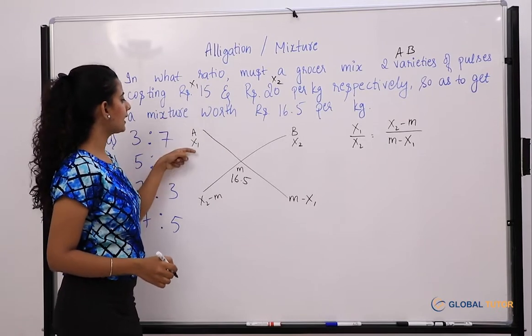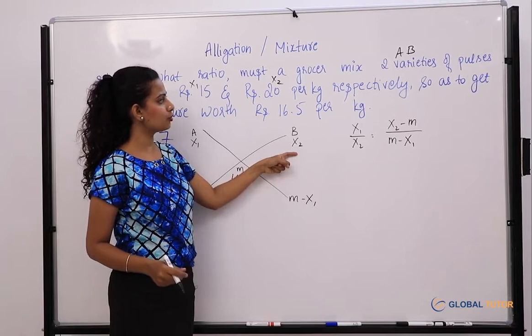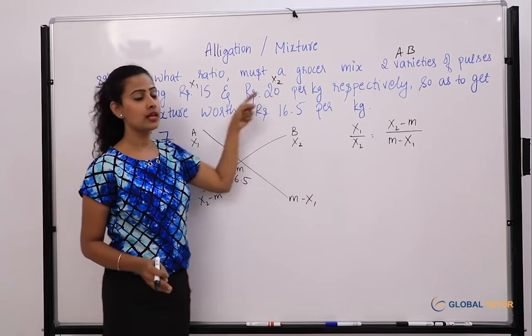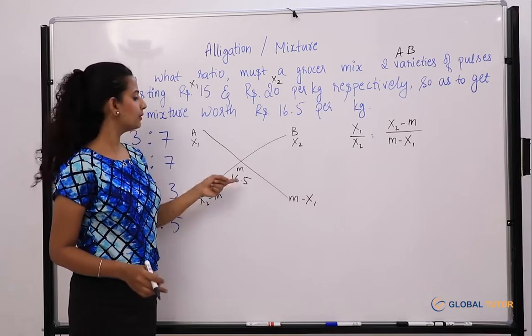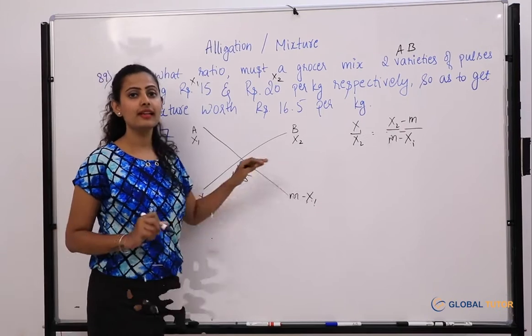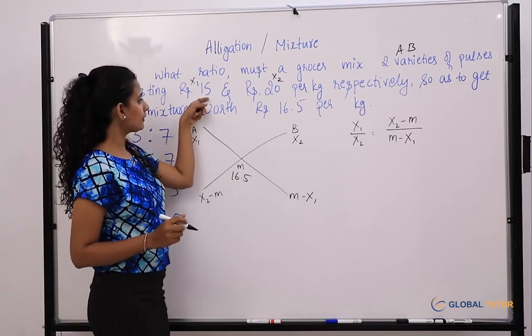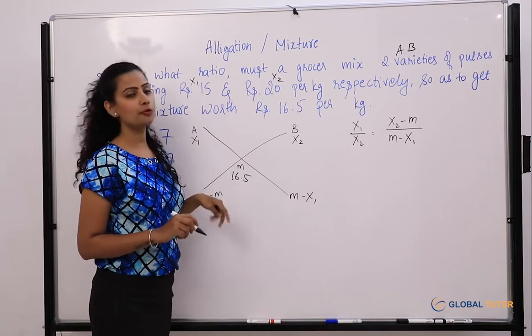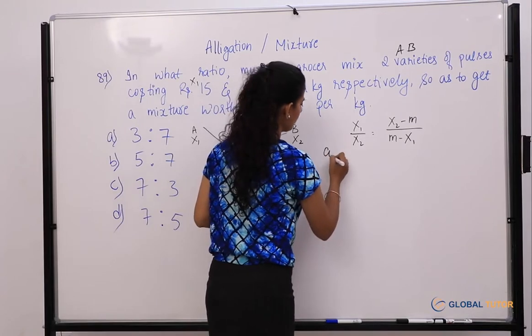So, substance A is X1 rupees which is 15, substance B is X2 rupees which is 20 rupees. Now, in what ratio if we mix these two will we get 16.5 as average? Let us try to solve this using the standard method. What if we take rupees 15 and rupees 20 at the ratio of A is to B?